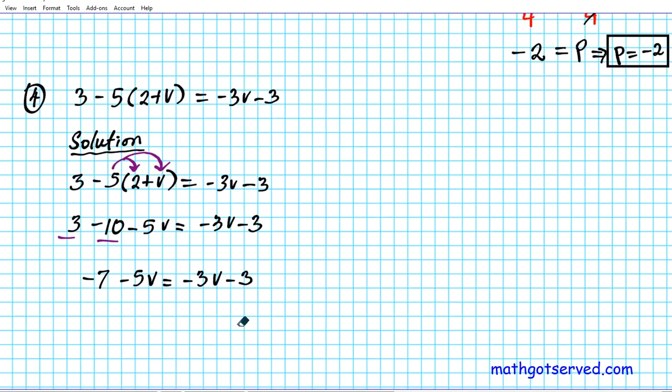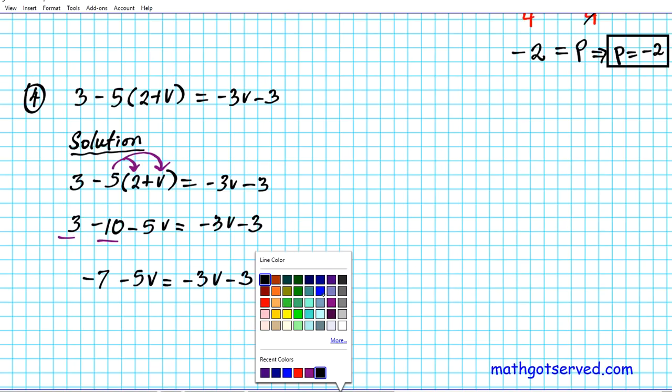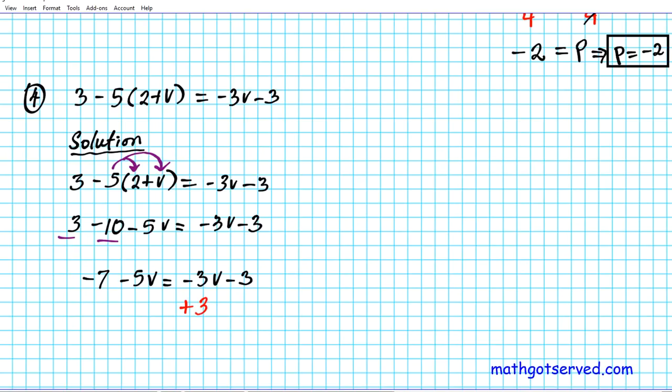All right, now let's collect like terms. Let's put the variables on the left and the constants on the right. Okay, so I'm going to move negative 3v to the left side of the equation by using the inverse operation. Add 3v to both sides.